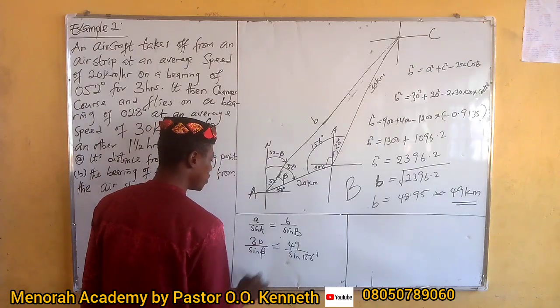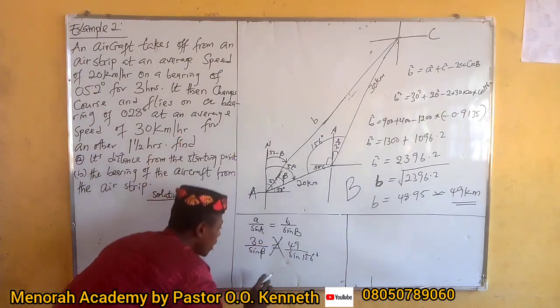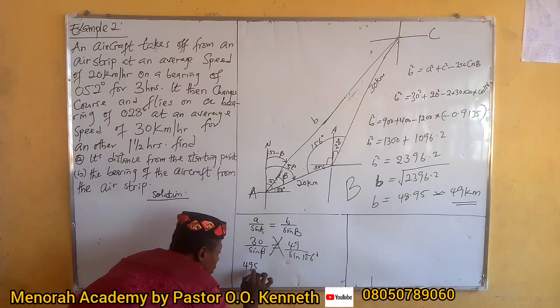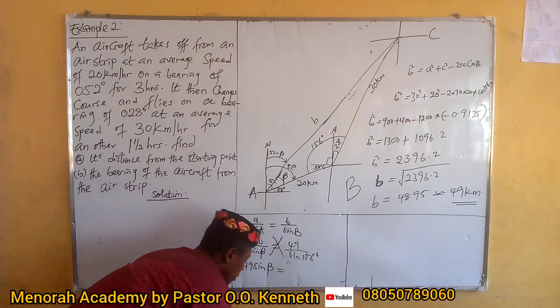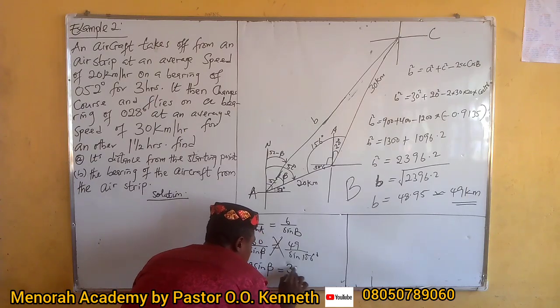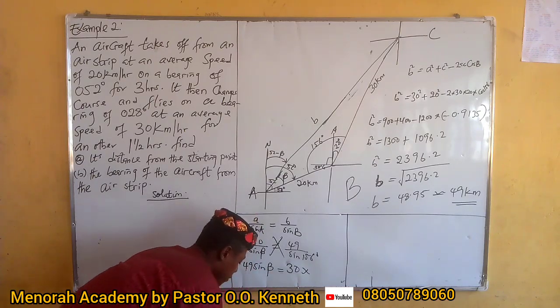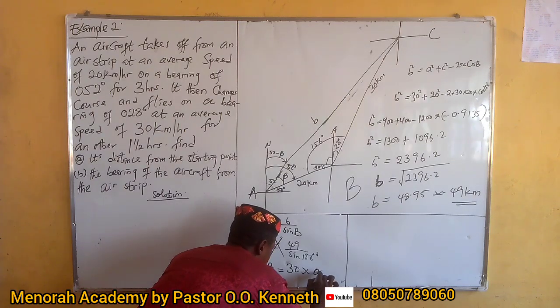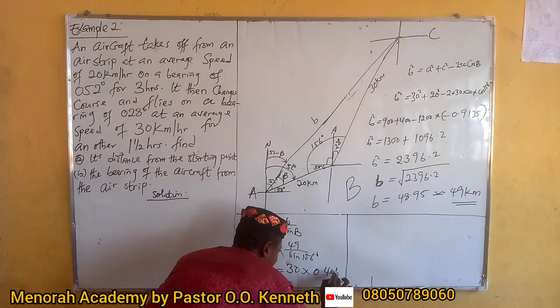If we cross multiply, we have 49 sine beta equals 30 times sine 156, and sine 156 is 0.4067.